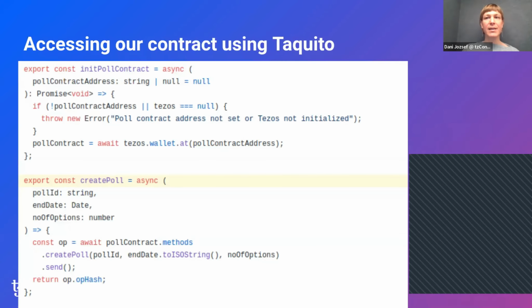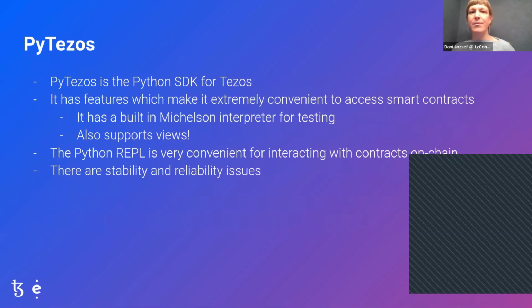And this is some Taquito code that I don't think we have really time to go through. PyTezos is the other popular SDK. It is written in Python, and it is relatively convenient. Because Python has the Python REPL, it's really nice to work with.